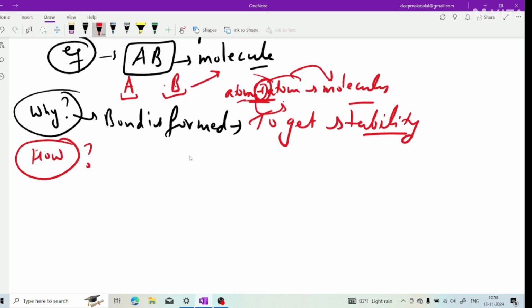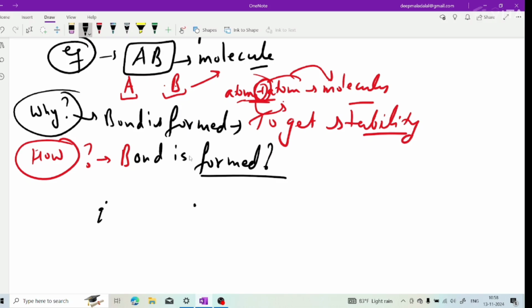How is a bond formed? Let's consider two point charges. One charge is represented by Q1, the second one is Q2. When the two atoms come close, the total force of attraction is greater than the repulsive force, then a bond is formed.